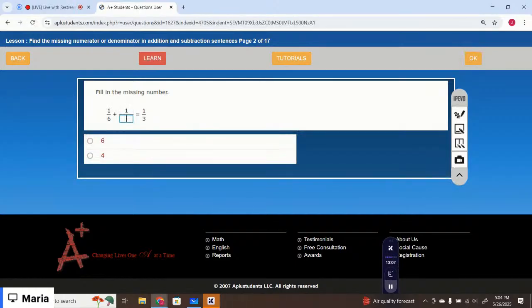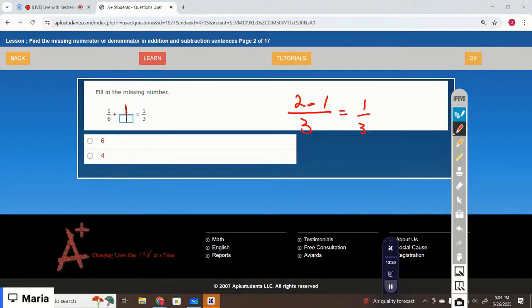Here, the missing number: 1 over 6 plus 1 over the missing number equals 1 over 3. You have 1 over 3 over here, and you need to add. So that means the denominator is 6, because when you add 1 plus 1, that makes 2 over 6. When you divide that by the common number, that is 2, 2 divided by 2 is 1, and 6 divided by 2 is 3.